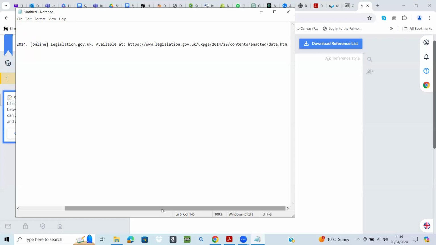In Harvard style, it should be in alphabetical order. So if we have any reference which is from A, then it should be here, then B, C, D, then we will go for G. So Harvard referencing is always in alphabetical order. We need to keep this in mind. And this is how we do the in-text citation and the referencing.